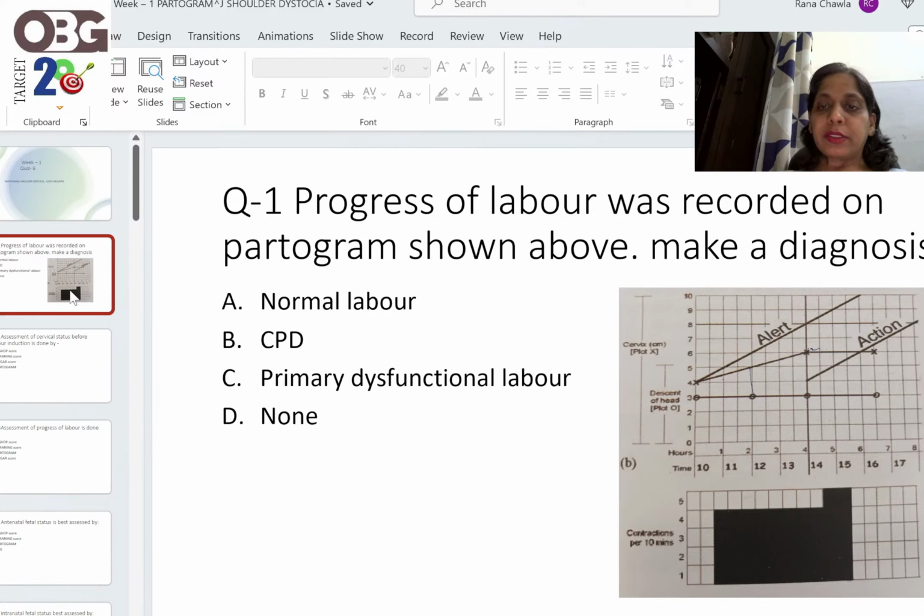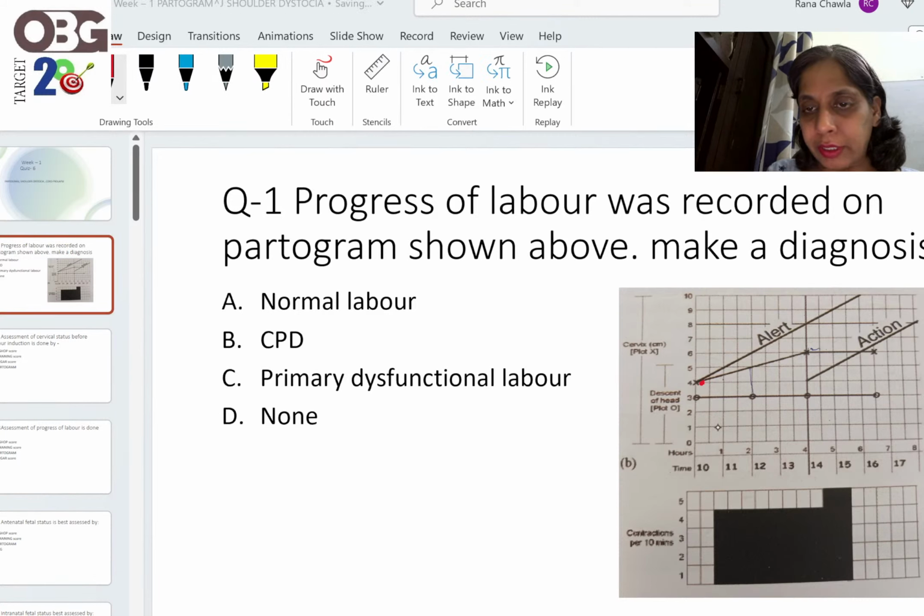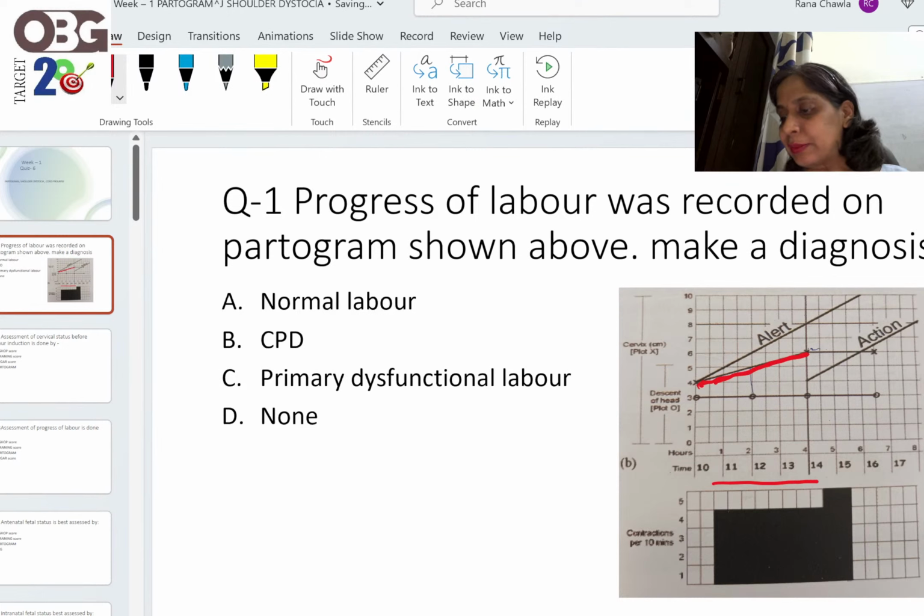So make a diagnosis. Now here you can see what is going on. In 4 hours, the cervix was dilated only 2 centimeter, right? In 4 hours, the cervix was dilated only 2 centimeter.